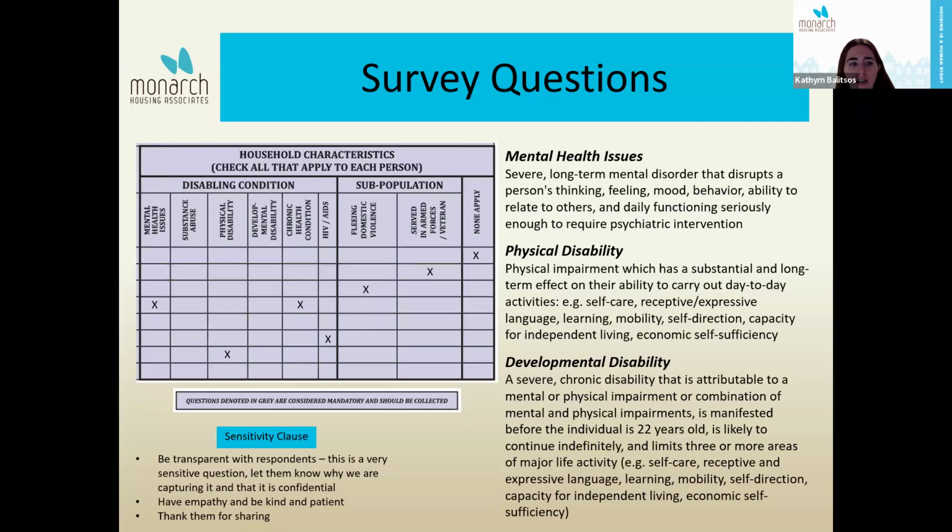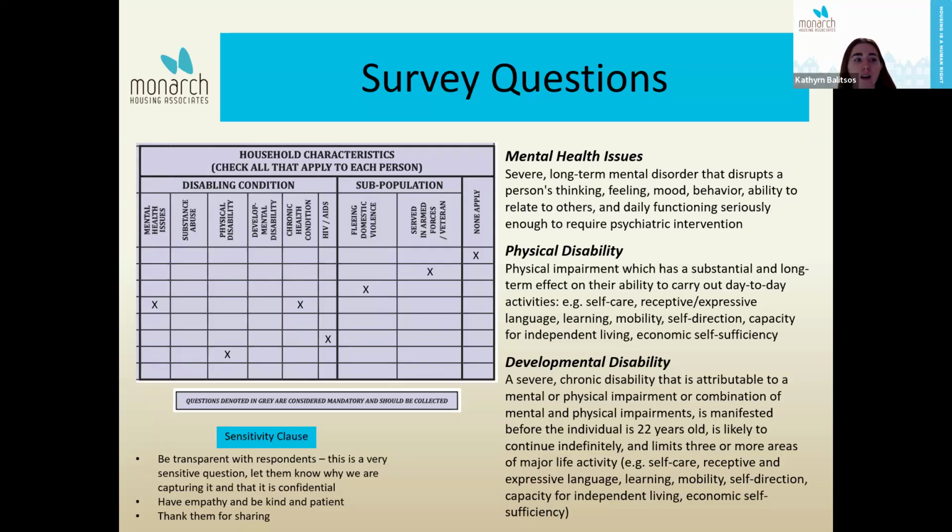This is along the lines of household characteristics. You're going to want to check whatever applies for each household member, so you're going to want to ask this question for each person in that household. Blank questions are considered no response. If the response is no, you're going to want to put none apply.